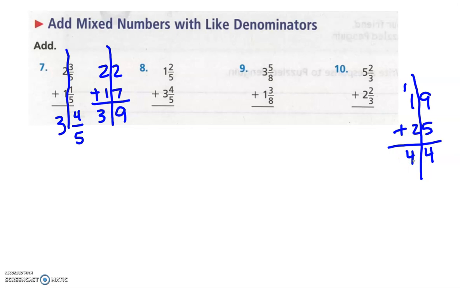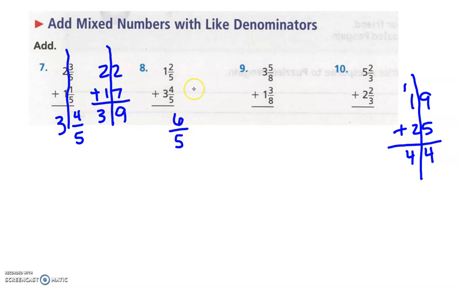So let's talk about what that means with fractions. I've come back over here to number 8. So if I was going to take 2/5 and add it to 4/5, what you're going to notice is that you have 6/5 as your answer. We know that 6/5 is an improper fraction because my numerator is bigger than my denominator.